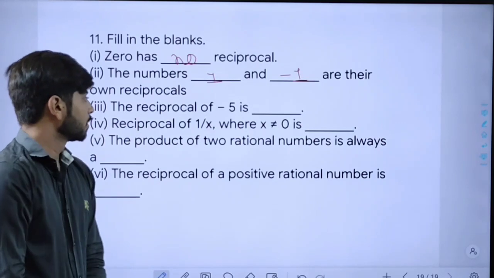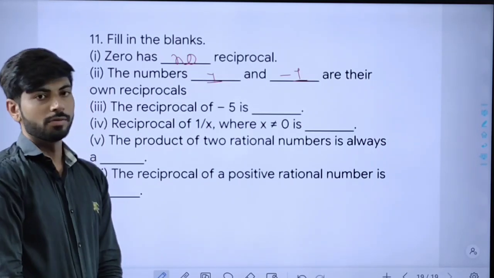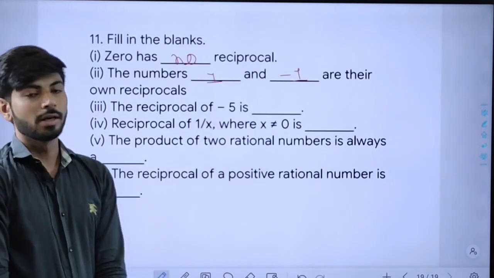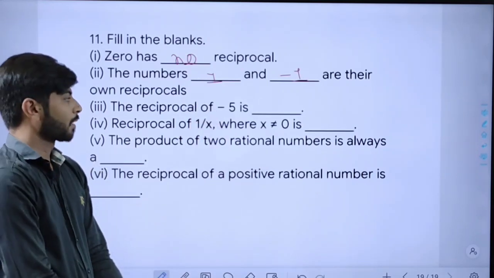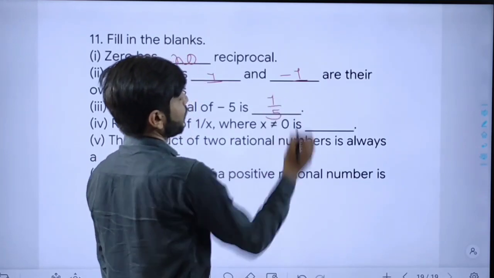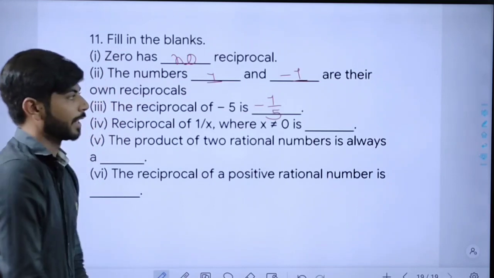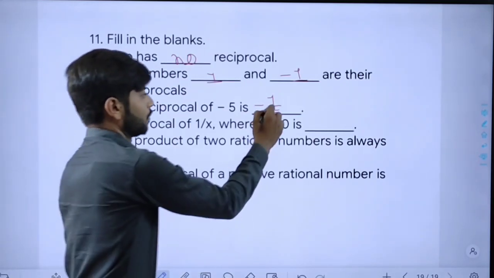Okay, third, the reciprocal of minus 5 is, okay, what will be the reciprocal of minus 5? Think about it. It will be 1 upon 5, but the sign should be the same, so it will be negative 1 upon 5.